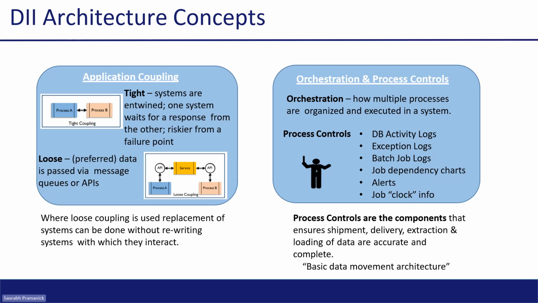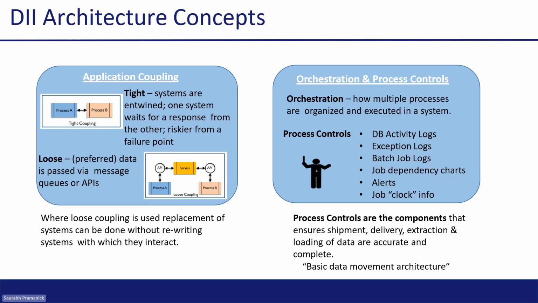On the other side, you have orchestration and process controls. Orchestration, as the name suggests, is when you want to execute multiple processes, you want to organize them and execute them, right? So that is very important. You want to define what the different steps involved are and then handle these messages or packets. So your orchestration, including transformations, is a very important component for any of your integration solutions.